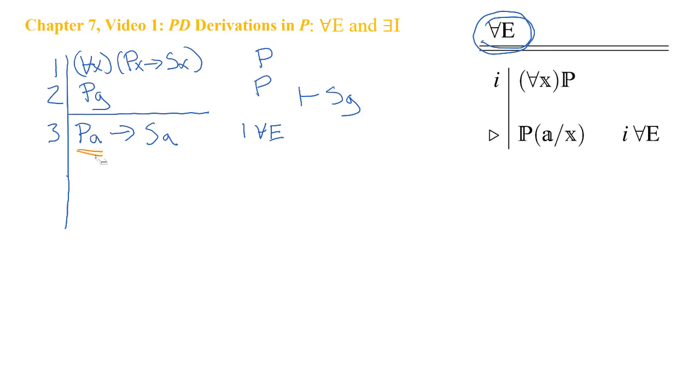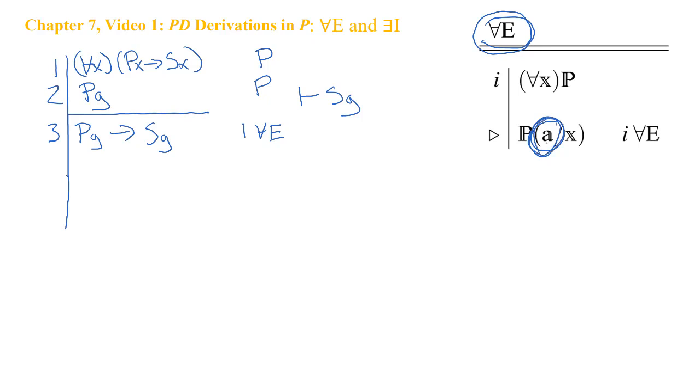Of course, the strategic point is that instead of Pa arrow Sa, we should take the substitution instance using the constant g, which in our English interpretation stands for Gregory. That's still one universal elimination. We can do any substitution instance of line 1 with our rule.